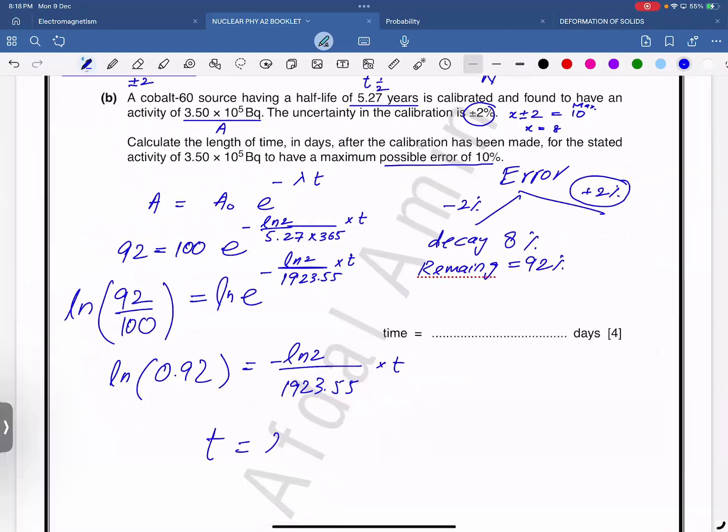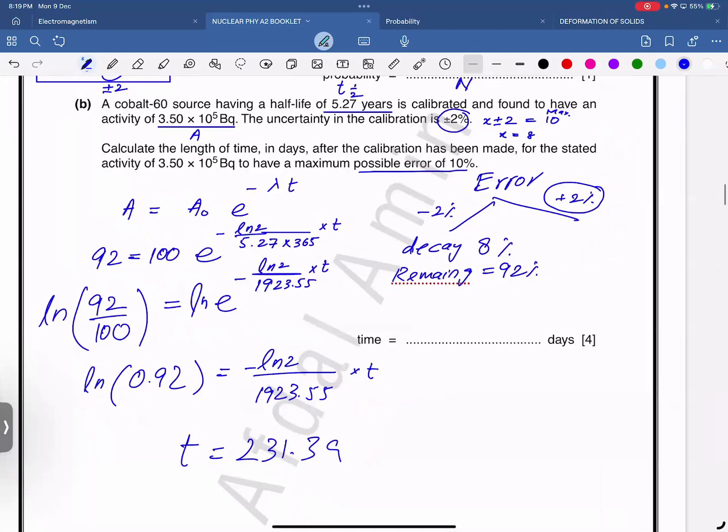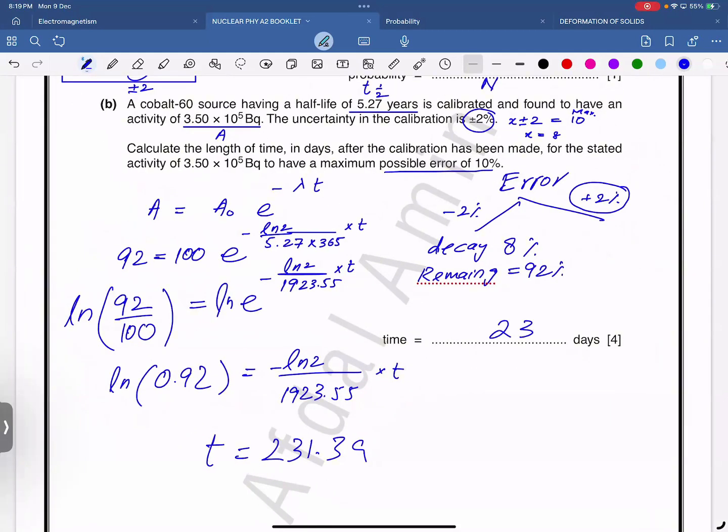Get the time t. 231 days. The activity 3.50 I did not use at all. I could use it if I know the final activity. But they say maximum possible error of 10%, so 8% I took. So 8% means 92 to 100 will be the ratio.